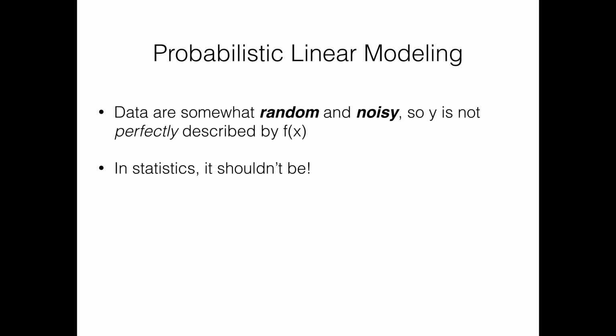By that I mean, in probabilistic linear modeling we know that data do have some sort of randomness or noisiness associated with them. In neuroscience, of course, if I record from a neuron and present the same stimulus 10 times in a row, I will not get the same spike trains out 10 times in a row. And why is that? That's because, of course, the brain is noisy. The brain is random. So if I want to find some sort of trend to describe firing rates of neurons, I want to be able to capture that randomness and noise a little bit.